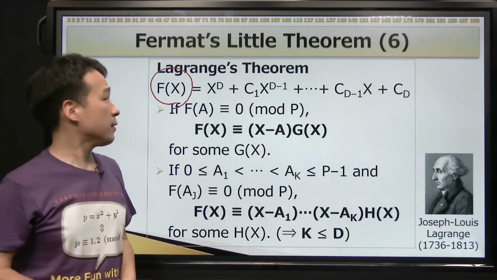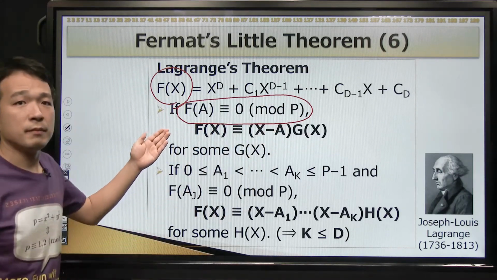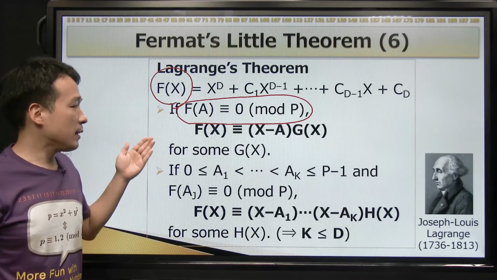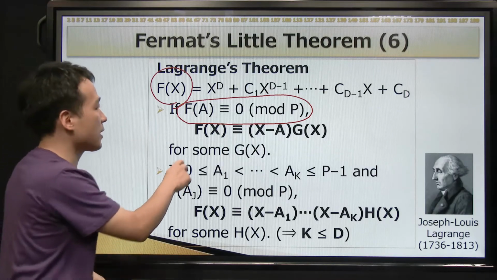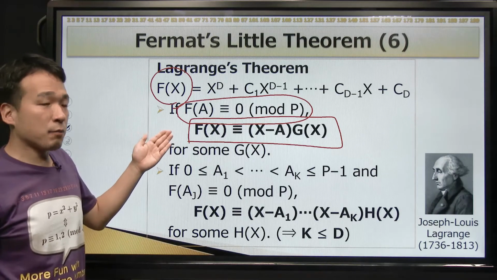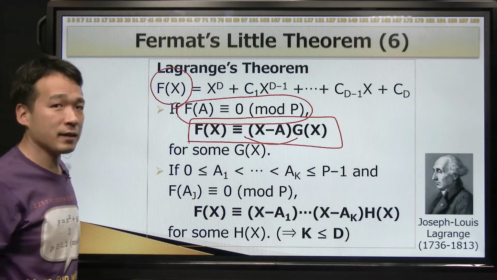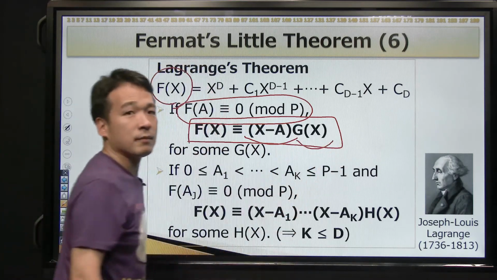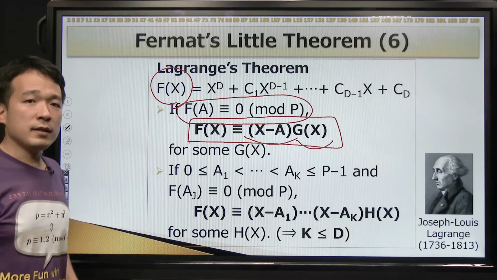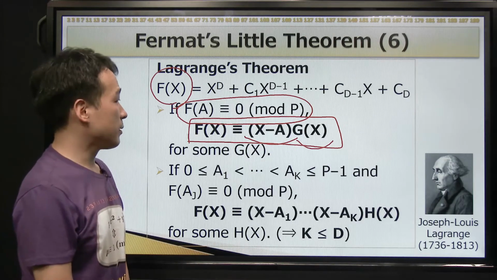The theorem says if a is a root of f(x) modulo p, then the polynomial f(x) can be written as a product of x minus a and another polynomial g(x) modulo p. This is a modulo p analog of usual results on roots of polynomials.